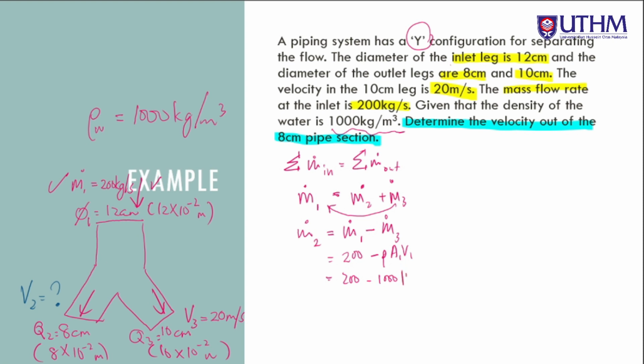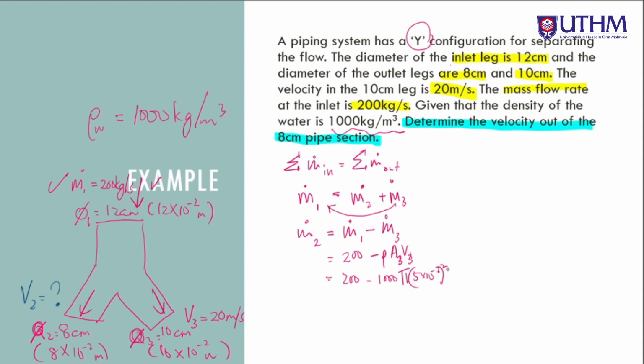Area is pi r squared. Pi r squared for what? Sorry, this is at 3, V3. At A3, what does it give? The diameter is equivalent to 10 cm. So the radius is divided by 2. So it is 5 times 10 to the power negative 2, squared, pi r squared.